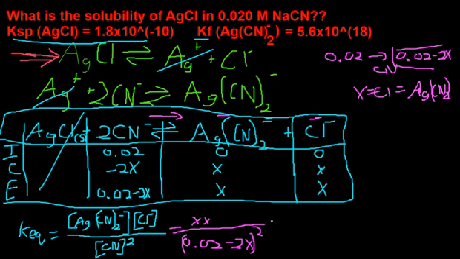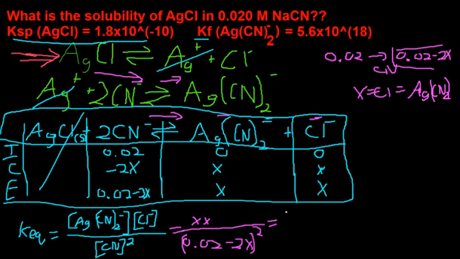Now, what does this equal? What is the KEQ? We know this one's a KSP and this one is a KF, and they're both going in the right direction, so we don't need to take the inverse of anything.